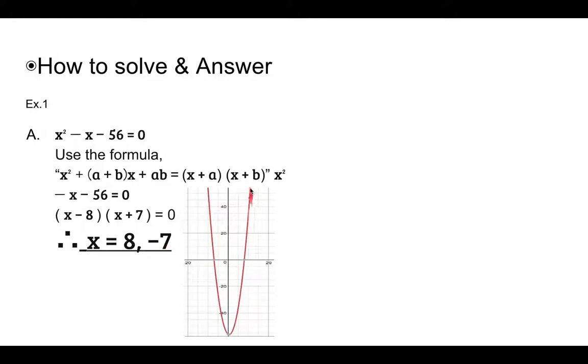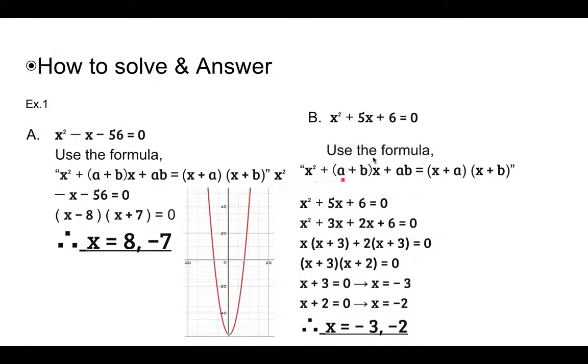It is upward opening. So B, we also use this formula, so we can get this. We take out the same number or same things like this, so we can get this one.